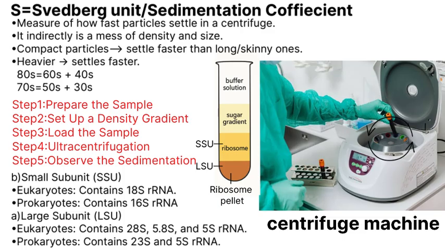It lies in the middle layer above the ribosomal pellet, while the larger subunit, the LSU, with the 28S, 5.8S and 5S in eukaryotes, and the 23S and 5S rRNA types in prokaryotes, sediments further down and forms a lower band.